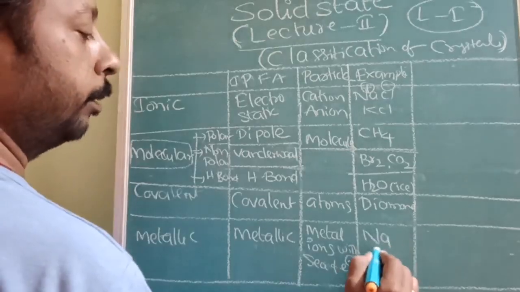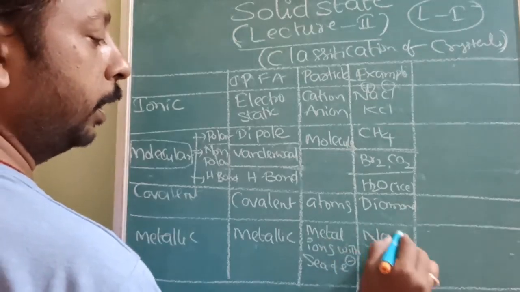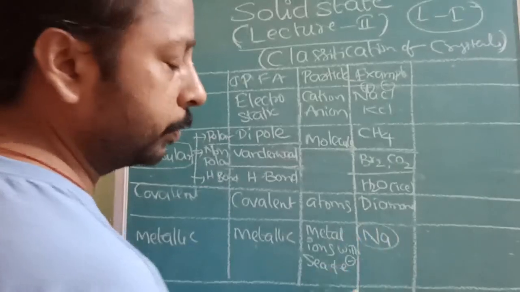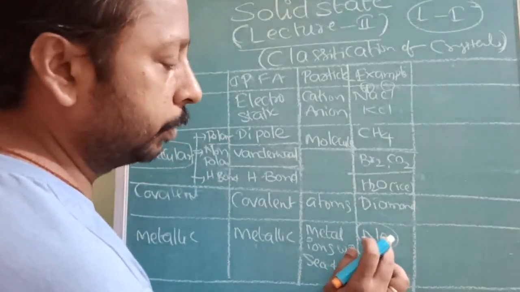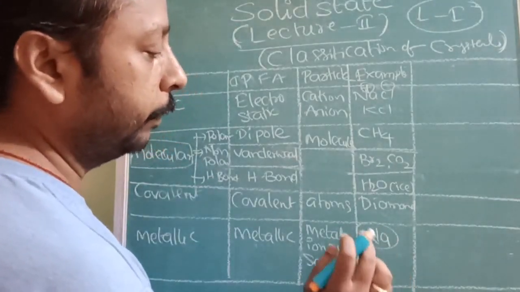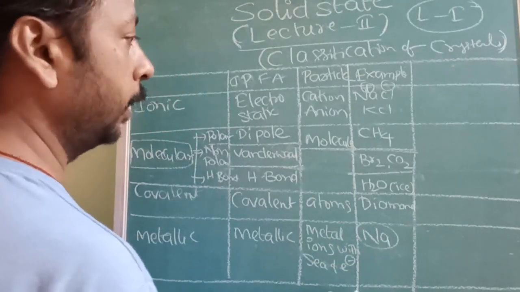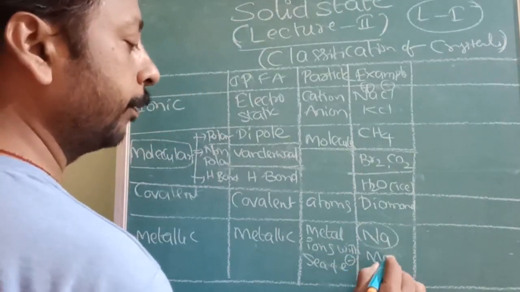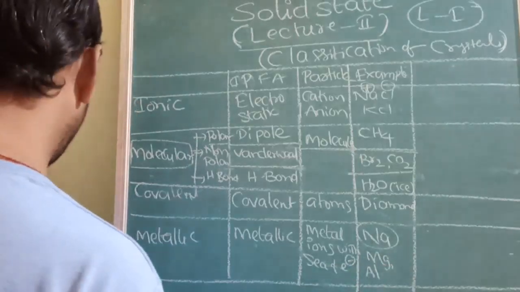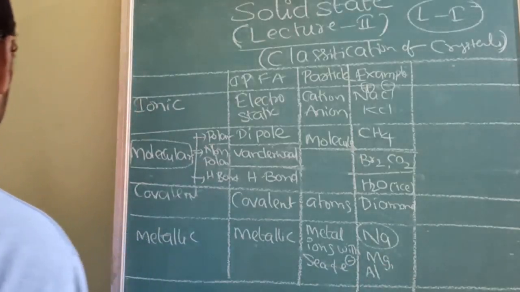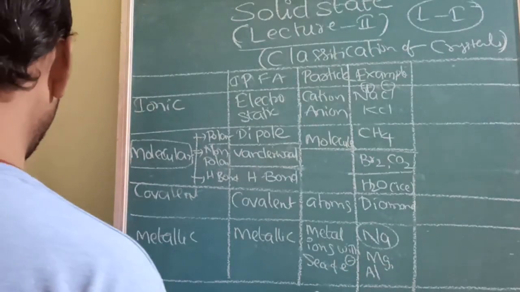Internally it consists of sodium positive ions with a flow of electrons. Magnesium, aluminium, these are all metallic crystals.